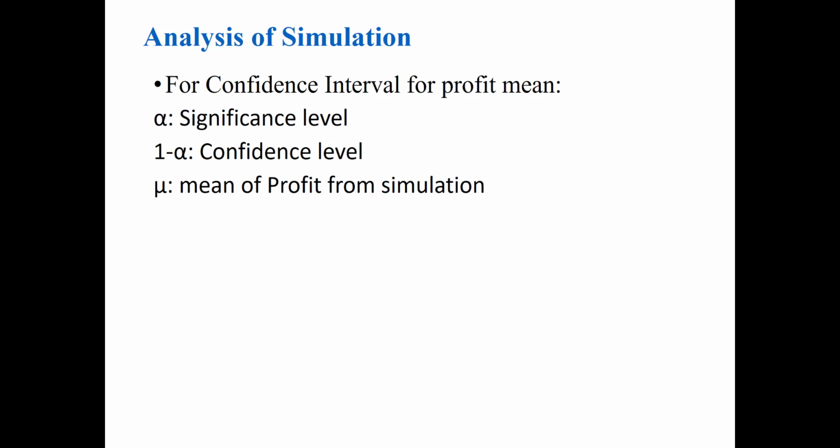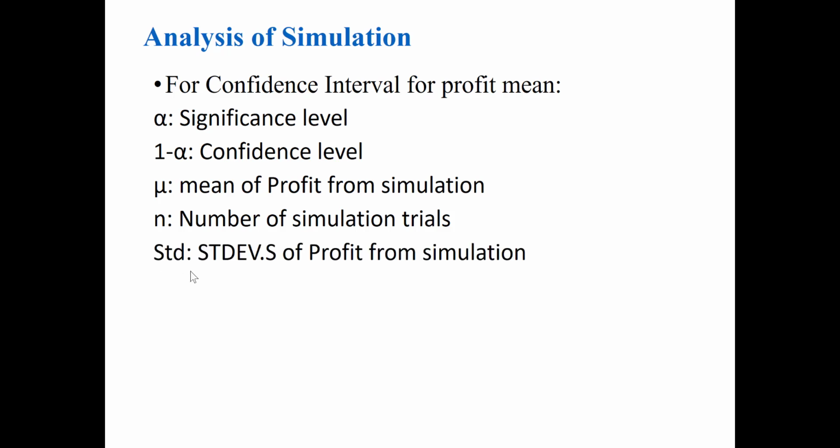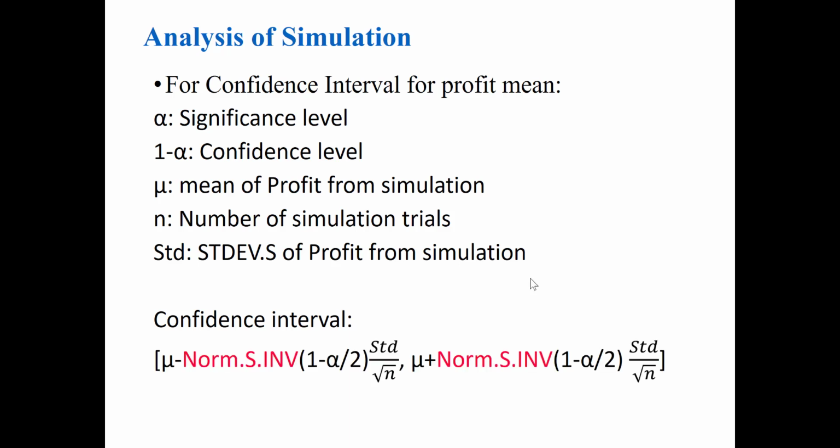Now let's assume mu is the mean of the profit that we get from the simulation, then n is the number of the trials in the simulation that we have, and standard deviation is the standard deviation of the profit that we get from the simulation. Now there is an equation that we can use to find the confidence interval. So this confidence interval uses the mean of the profit that we get and the standard deviation that we compute.